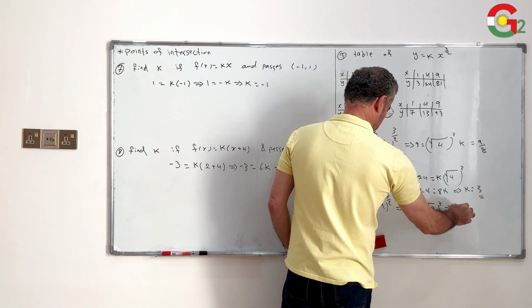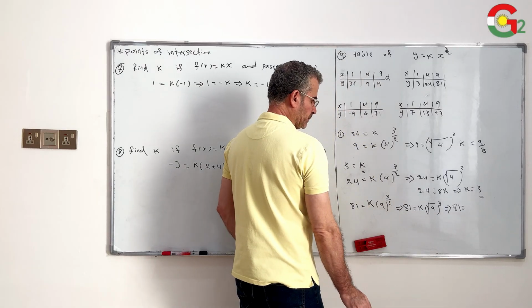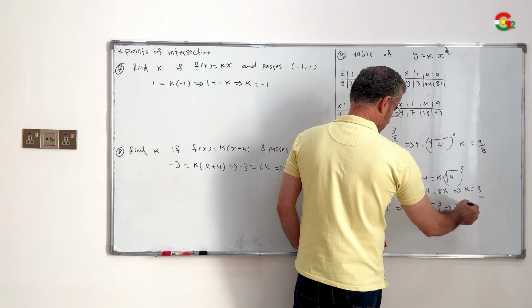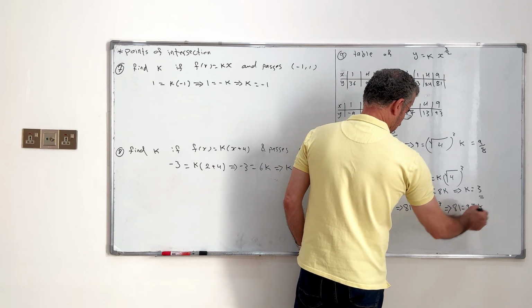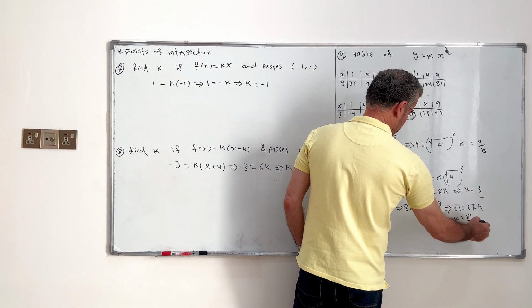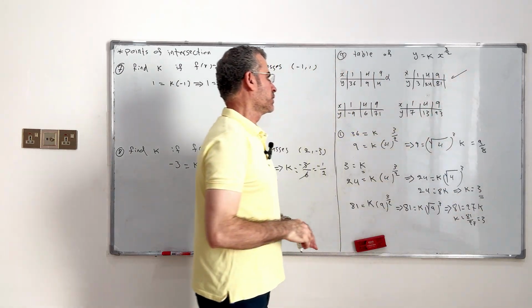The square root of 9 is 3, 3 to the power 3 is 27, so 27k, then k equals 81 over 27 equals 3. It is the right choice.